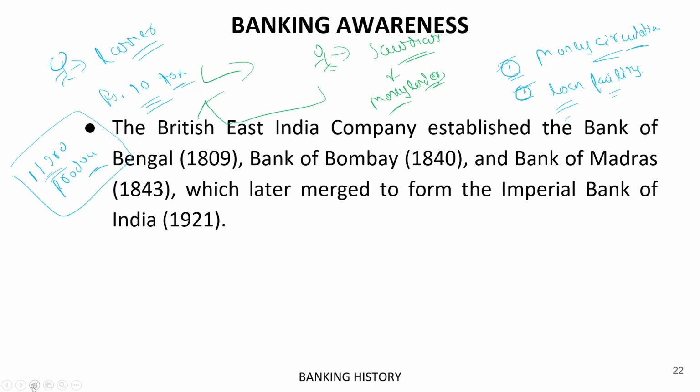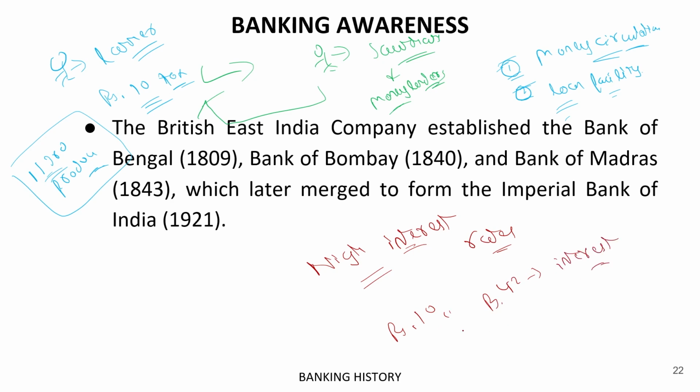But in the previous lecture, I told you the predatory loans were given at high interest rates. If we take the example of the previous lecture, rupees 10 was taken as a loan, but rupees 40 has to be paid as interest, right?